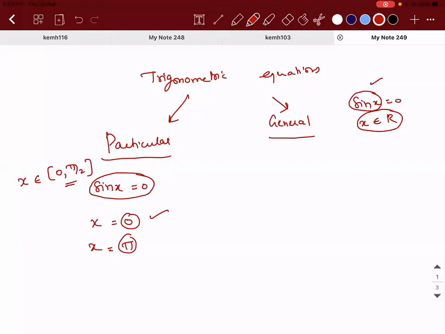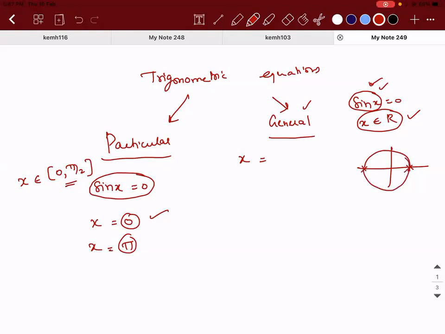So what I'm trying to say is, now when I put sin x is equal to 0 and I extend the domain to the real number system, and I'm asking you to give the solution, at the time you need to give me the general solution. So sin x is equal to 0 happens at 0, then pi, then at 2 pi, then at 3 pi.